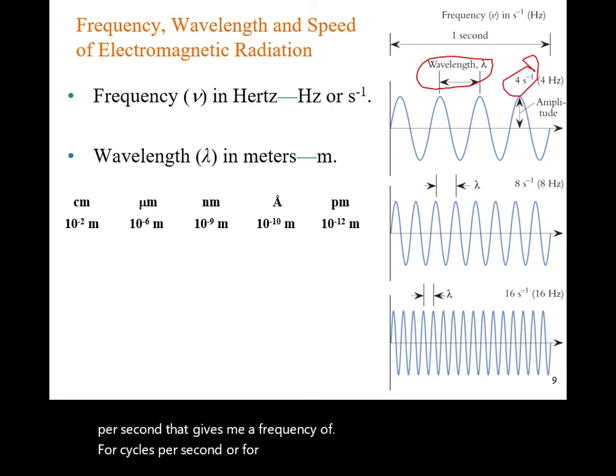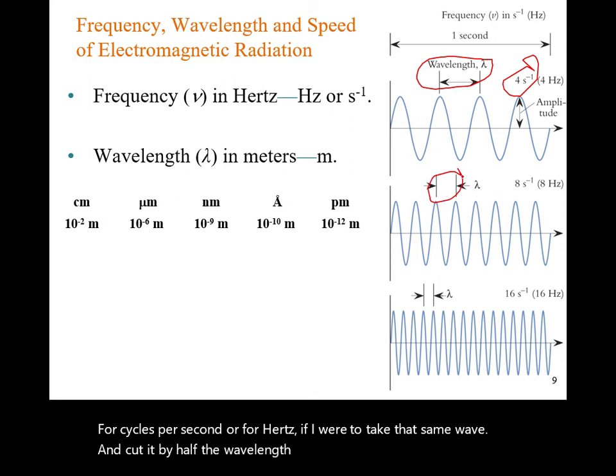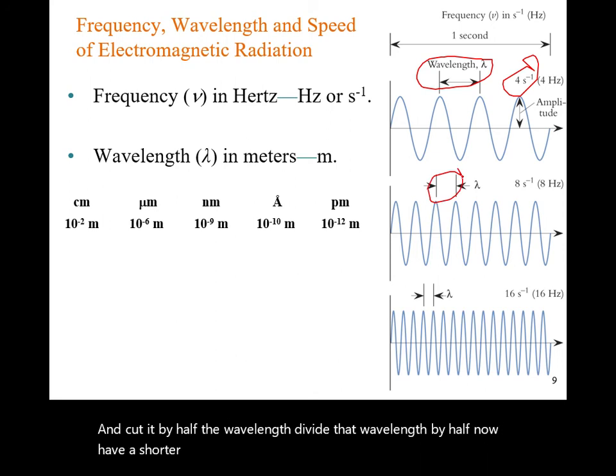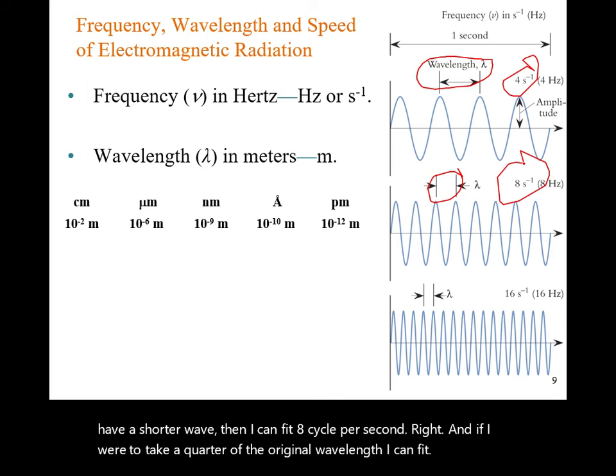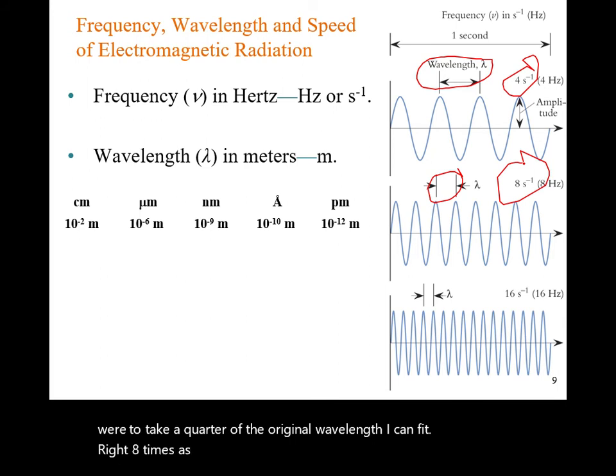If I were to take that same wave and cut the wavelength by half, now I have a shorter wave, then I can fit 8 cycles per second, right? And if I were to take a quarter of the original wavelength, I can fit 4 times as much, so that will give me 16 cycles per second.